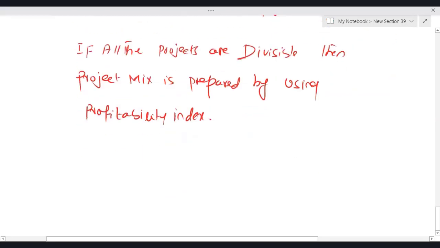Actually, if the projects are divisible, we calculate the profitability index of each and every project, and then we opt for the project which gives us the highest profitability index.